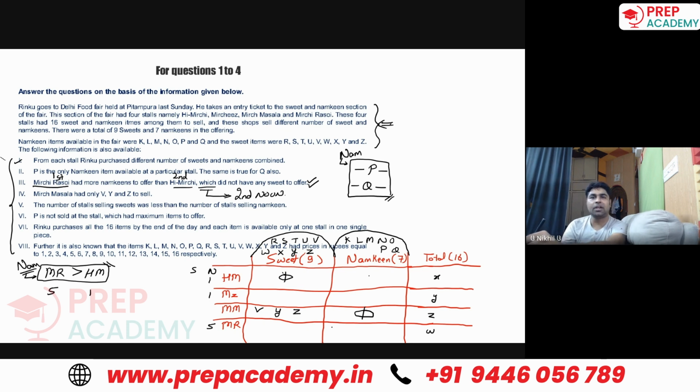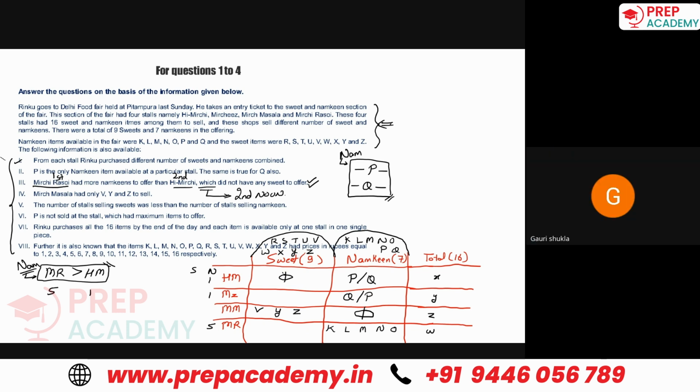So we will give all the five namkeen items to MR apart from P and Q. So that will be K, L, M, N, and O. These five namkeens would go to MR, and the other two namkeens, P and Q, go one each to the other stalls. Is it understood now? Yes, sir.